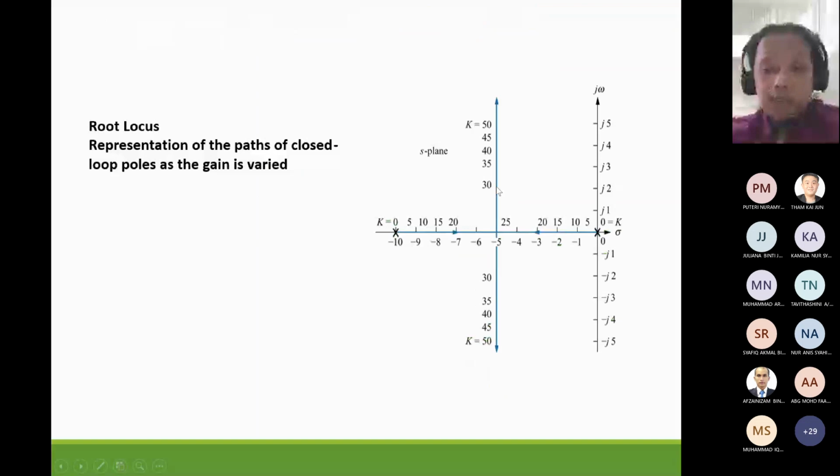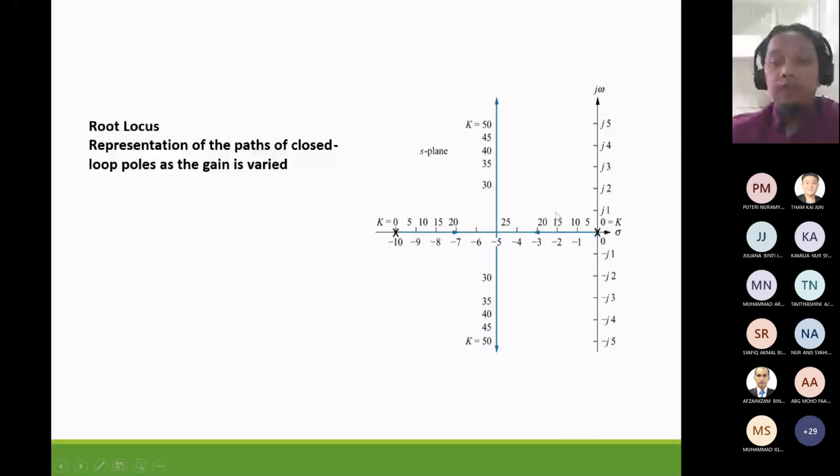So this graph that we just plotted is known as the root locus. This graph represents the path of closed loop poles as you vary the gain. When you change the value of K, the poles also change. That's why this graph has an arrow direction, because it changes from K equals 0 to K equals 50.